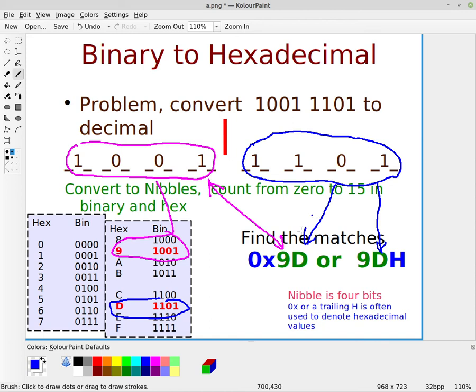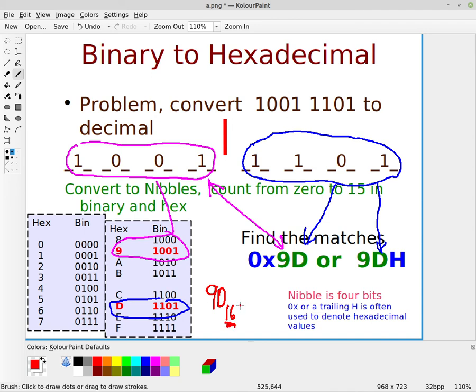Now I just do want to point out the notation here. A lot of times you might see a subscript base 16, like I was doing for the decimal value subscripts before. You might see it written as 9D with a subscript of 16, indicating that it's hexadecimal.